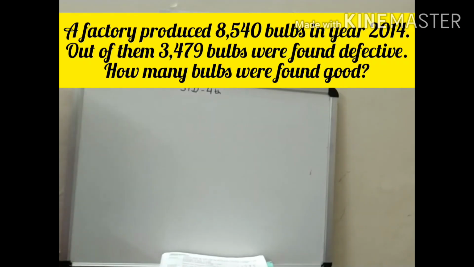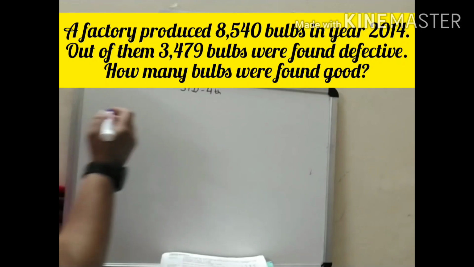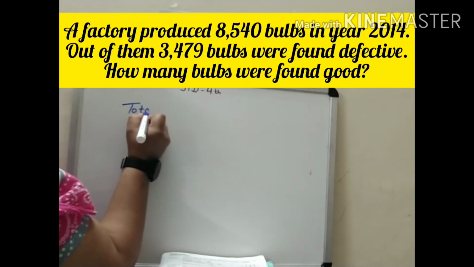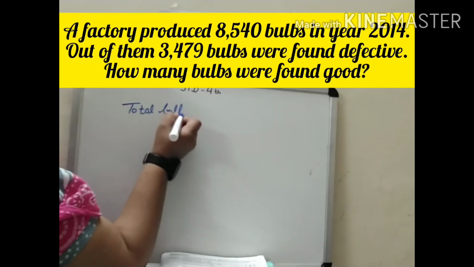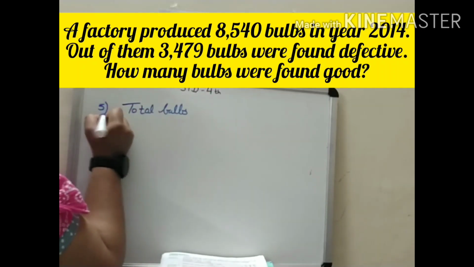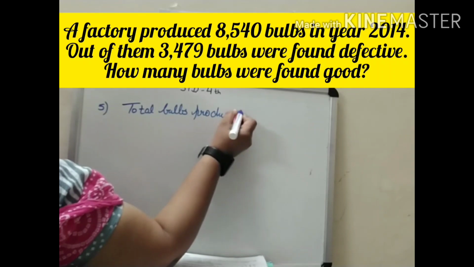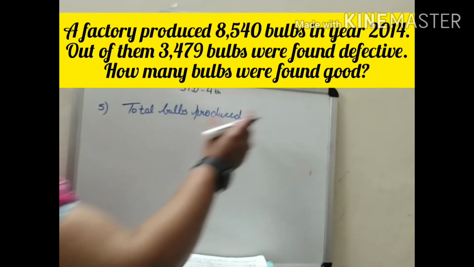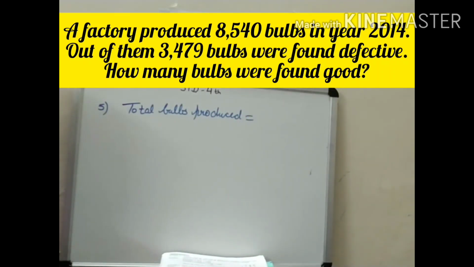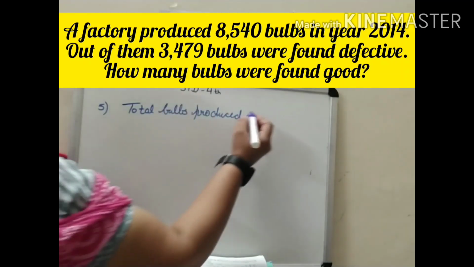Simple. We will write total bulbs produced. Children, make sure if you have space on the left hand side, you can simply subtract here also.